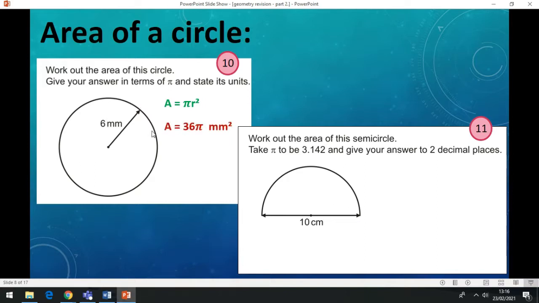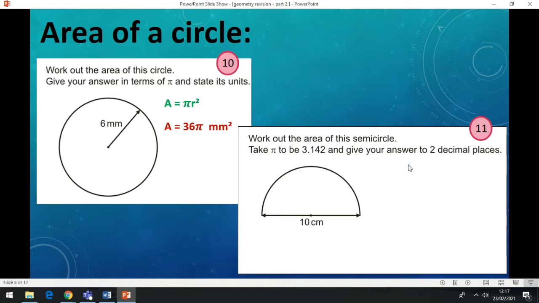So our answer here will be 36 pi millimetres squared, because we're working in millimetres. And we would leave our answer just as that. If it asked us to work it out to a decimal place, we would then put in our calculator 36 multiplied by pi, and it would give our answer to be 90 something millimetres squared. Okay.